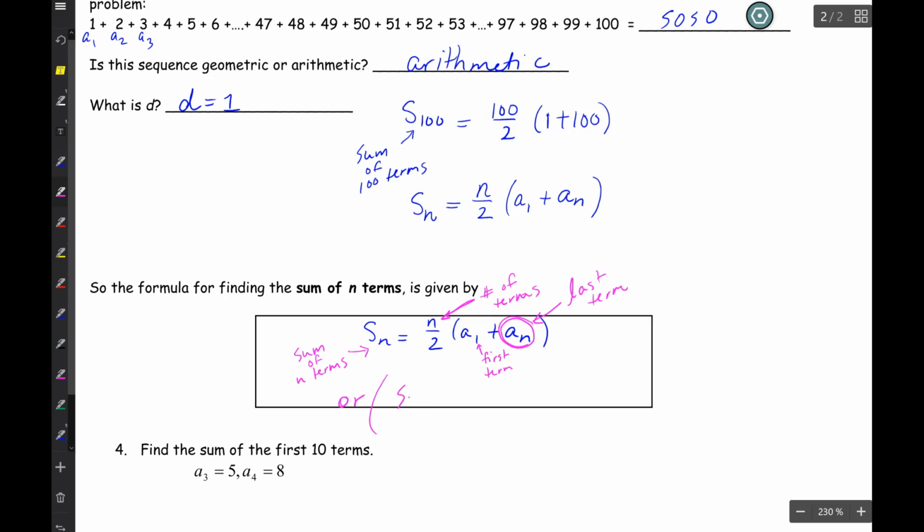So the sum of any terms could also be seen as n divided by 2 times the first term plus what we know of how to find the nth term, which in an arithmetic sequence is always the first term plus n minus 1 times d. So you can use the previous formula within this one, because that matches the same thing.